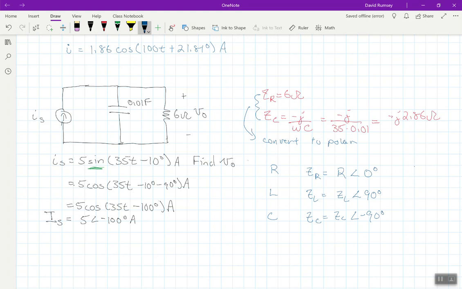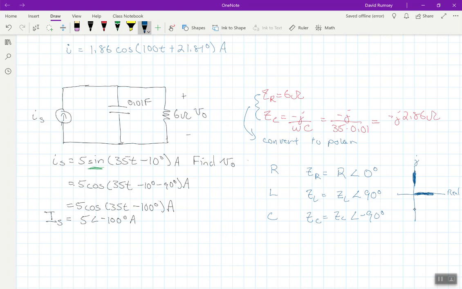And I'll sketch a little graph here to show you why. So think of this as the imaginary axis, and this is my real axis. Well, resistors are completely real, so that's 0 degrees. Formula for an inductor is J omega L, so that's always going to be here. So an inductor is always going to be on that positive J axis, so that's always 90 degrees.